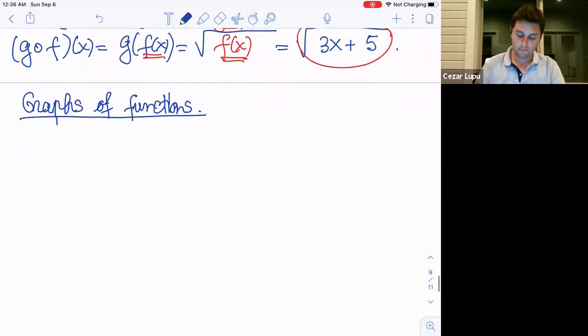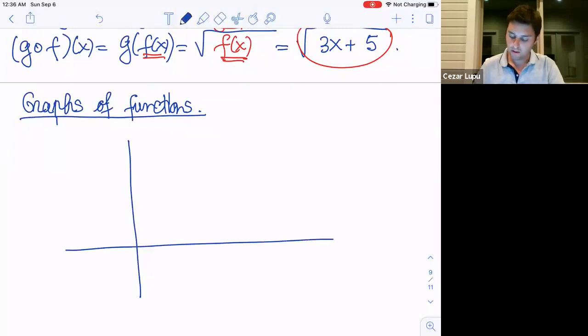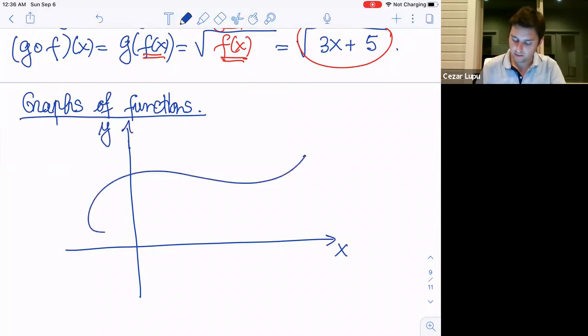Let me draw a picture. We have seen this plenty of times. Let me say I have a function that goes like this. So the graph of a function f will consist of points whose coordinates, let's say, this is the x and the y coordinate here. So this is a point, let's say M, on the graph of the function, of coordinates x, y.